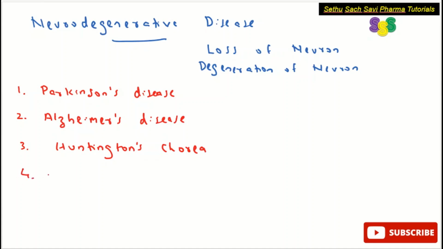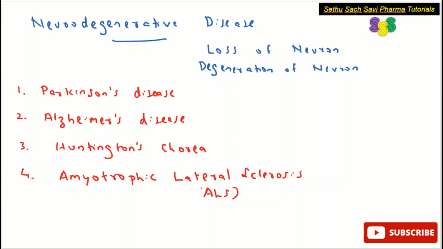Another important one is amyotrophic lateral sclerosis, abbreviated as ALS. Another one is multiple sclerosis, abbreviated as MS.